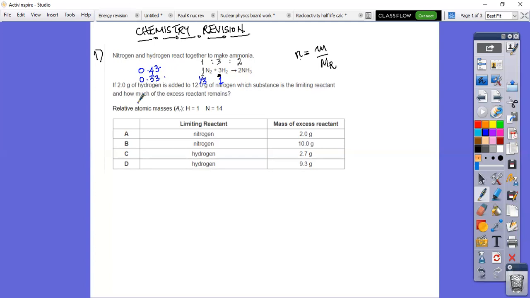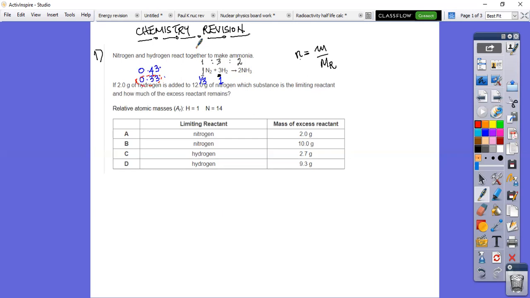Is it in excess? Correct, because I am saying I only need this to react with 1 mole, but actually I've got more than that. So as long as you find the one that is in excess, automatically the other reactant becomes limiting.